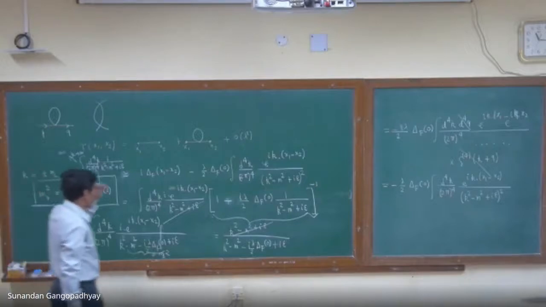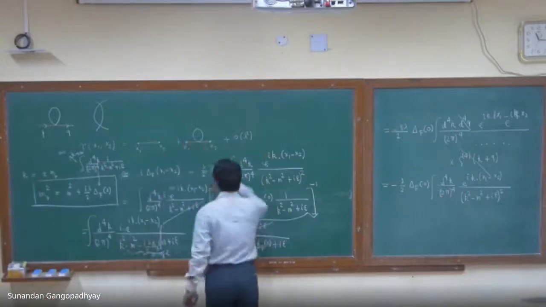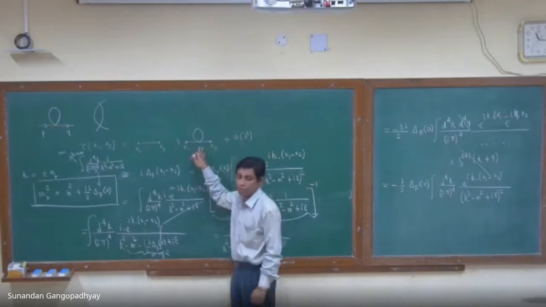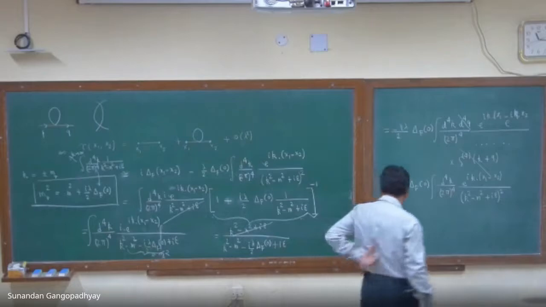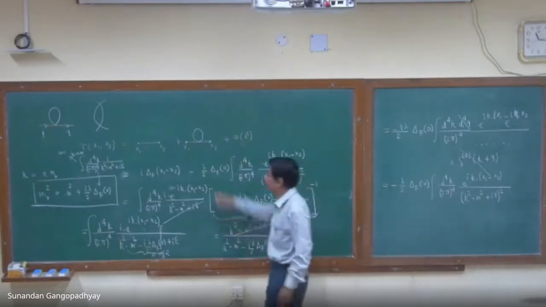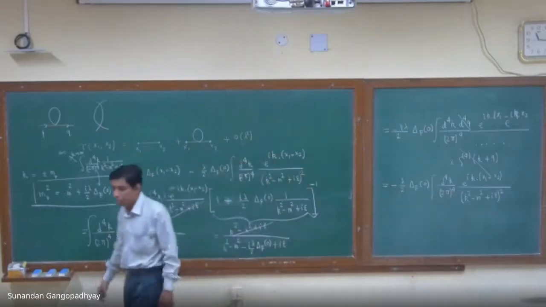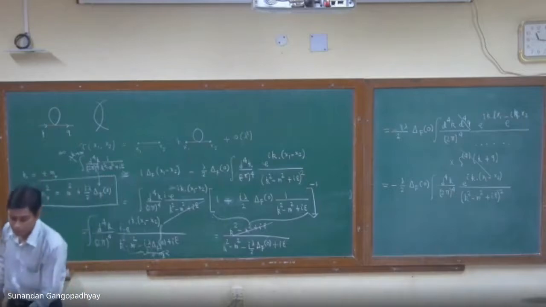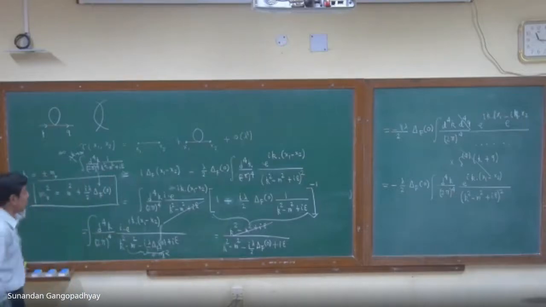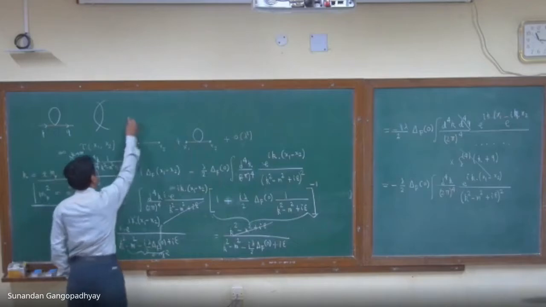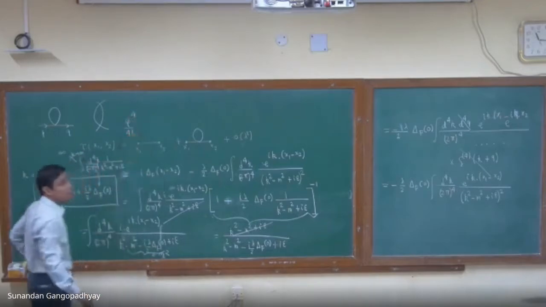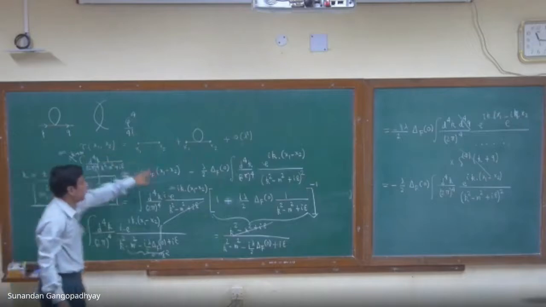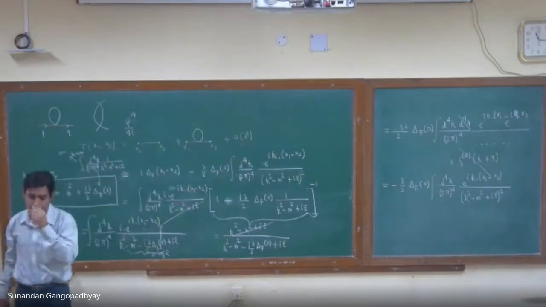But for this diagram, I think this will not give you the factor of 12. The 12 factor that you have will get cancelled by the 4 factorial in the denominator due to the phi-4 theory, phi-4 by 4 factorial. This factor takes care of the 12 factor that you had from Wick's contraction.